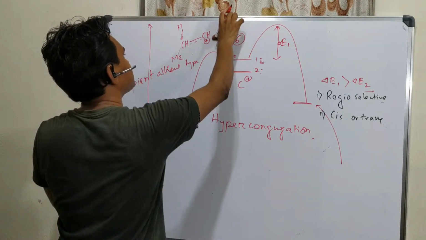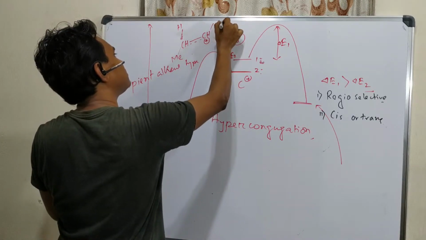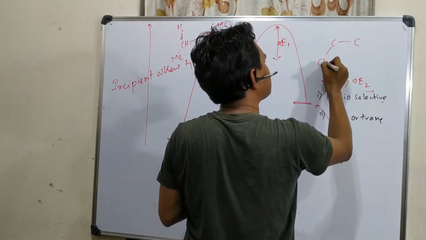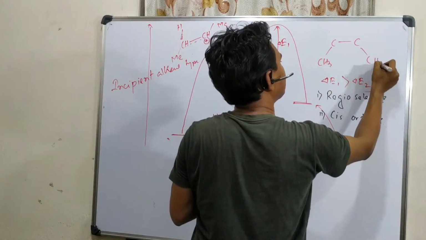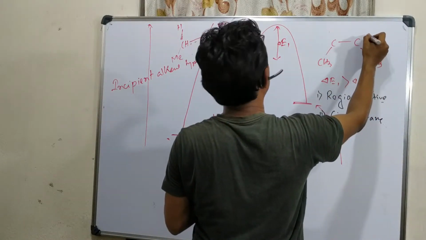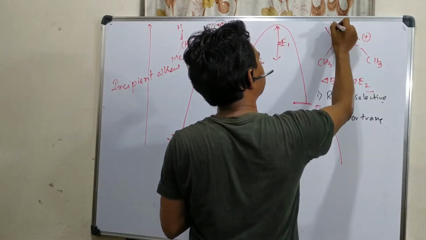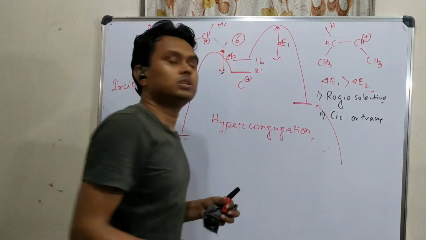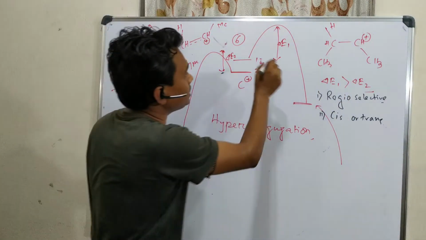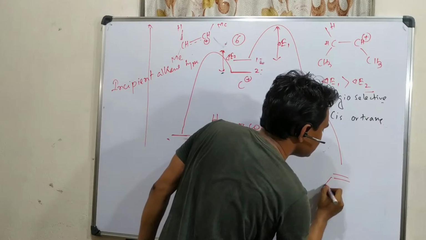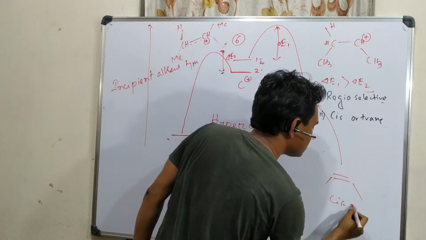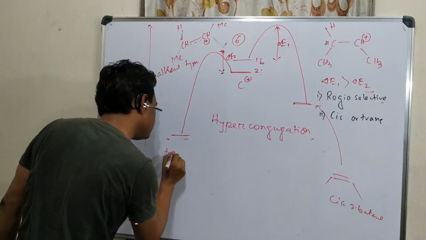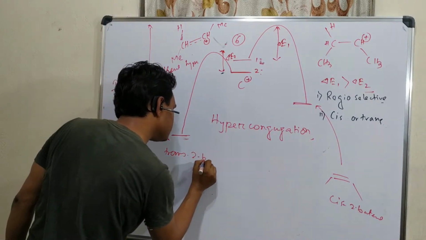Sorry, let's consider this as a trans, and let's consider this as a cis. Here carbocation and here hydrogen. Okay, this is another hydrogen. So here the product will be ultimately cis-2-butene. And here the product will be trans-2-butene.